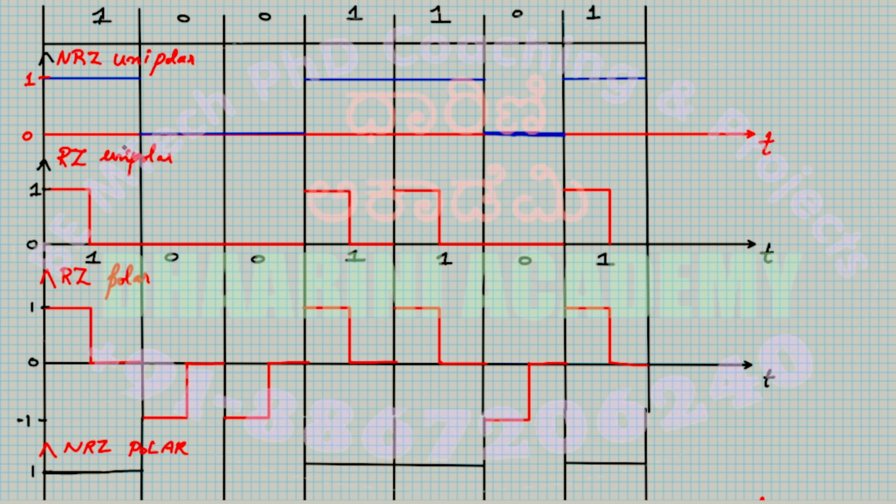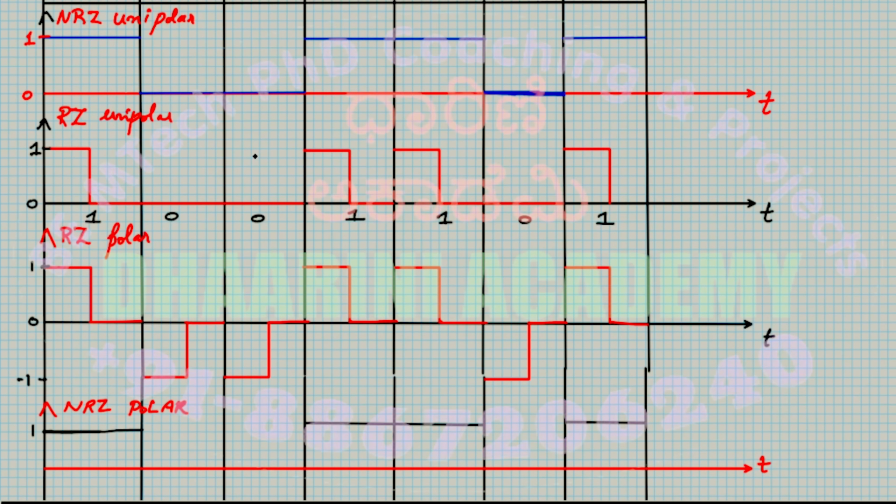All right, so the second technique is called return to 0 unipolar. In the same unipolar format, where the polarity is either 0 or 1, or 0 or plus A, the signal is going to come back to 0 after some time. In the sense, whenever it is 0, it's already 0, so there is no question of coming back to 0. But definitely, whenever the amplitude is 1, it can come back to 0.